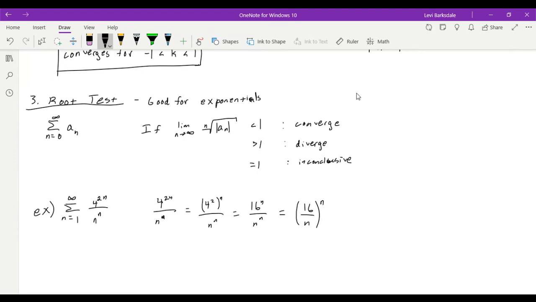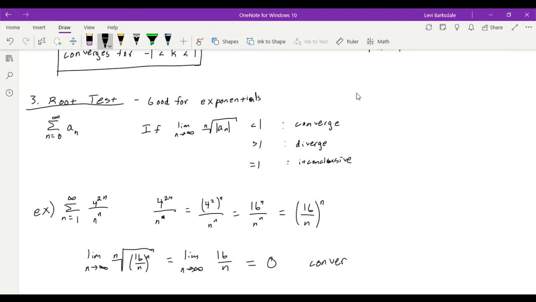Now I'm going to apply the root test. Well, because I did this work to rewrite my sequence, I can see clearly that my nth power on the inside and my nth root will just cancel. And I'm left with simply this statement, which is, of course, 0.